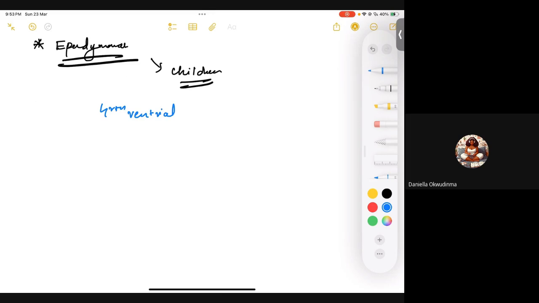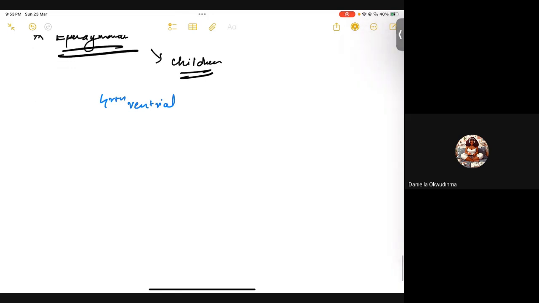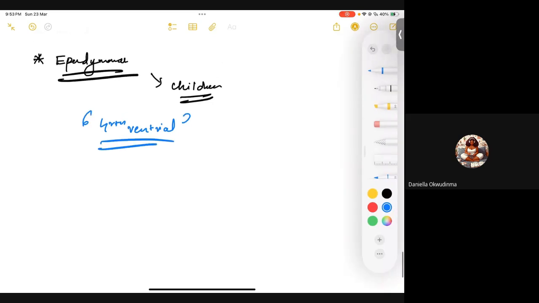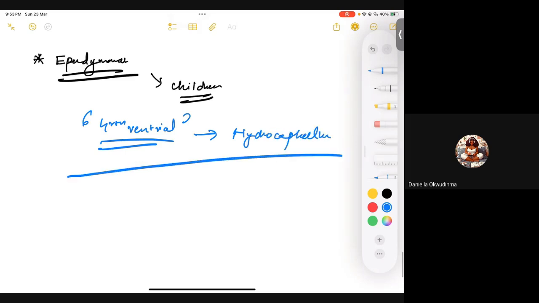Whenever it arises from the fourth ventricle, it can cause hydrocephalus. For example, if the tumor enlarges, it can compress the foramina of Luschka and Magendie, leading to non-communicating hydrocephalus. So you should think of ependymoma arising in the fourth ventricle causing hydrocephalus.